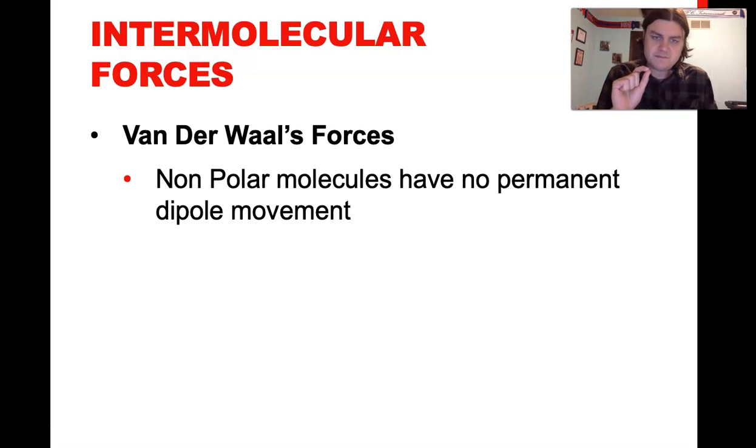So a little bit of language in this first bullet point that I think we're going to need to talk about. Nonpolar molecules have no permanent dipole moment. And we're going to have an example that will help us take a look at this in just a moment. But figuring out if a molecule is polar involves looking at really two features.